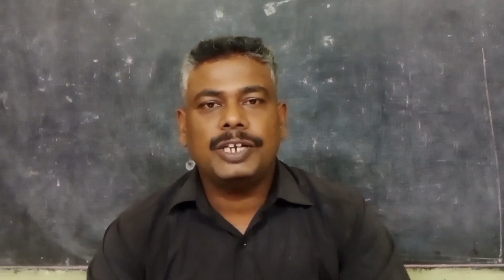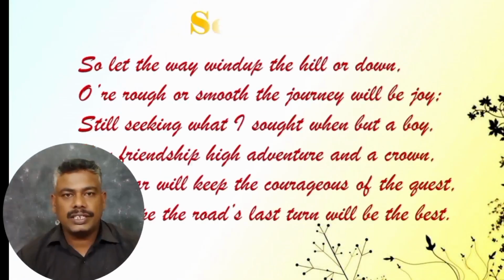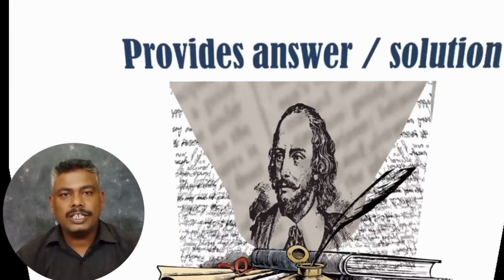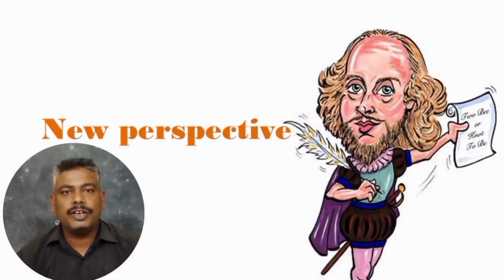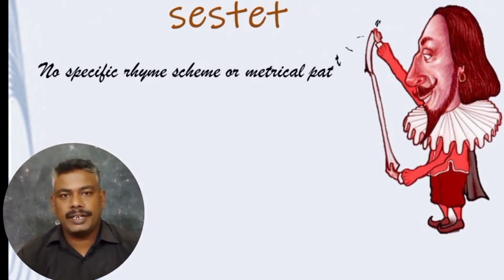Okay, let's shift our focus to the second part of a sonnet. The next 6 lines, the sestet, bring a new thought separated by a turn. In this part, the poet arrives at a solution or at least provides a new perspective for the question raised in the octave. The sestet doesn't follow any specific rhyme scheme or metrical pattern.